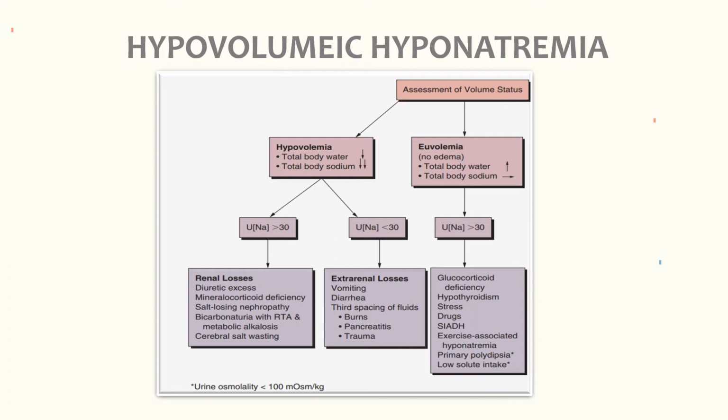For hypovolemic hyponatremia, if you want to get to the etiology and it is not clear, please send the urine sodium, and this is the flow chart for the etiology: urine sodium more than 30 and less than 30. So we shall take up a couple of these cases and I will show them to you.